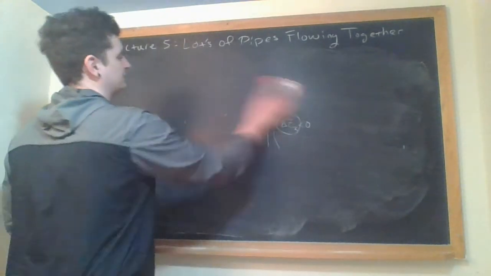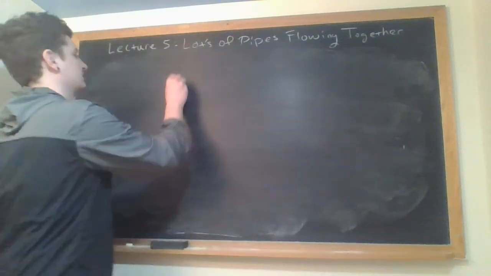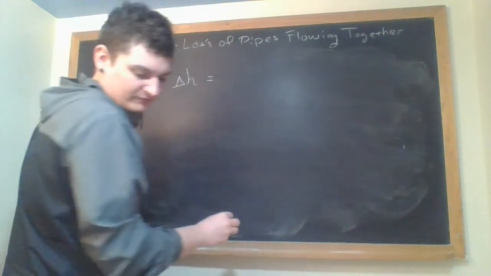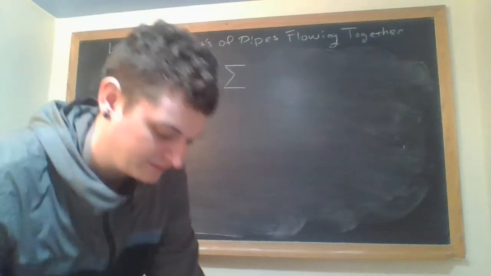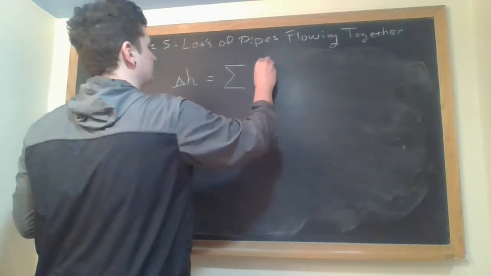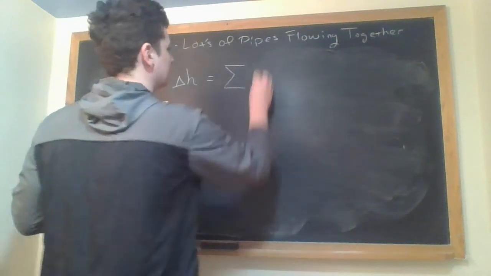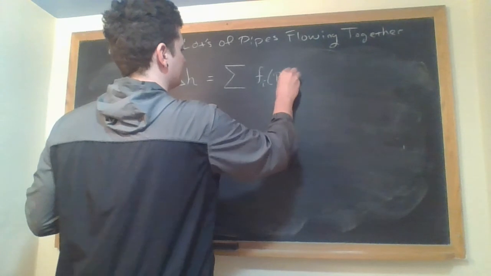But last time, we wrote out the series equation that you can always write out. I always write it out for pipes in series. We have, let me get this right, I will be explicit for this one, f, which is a function of the Reynolds number.